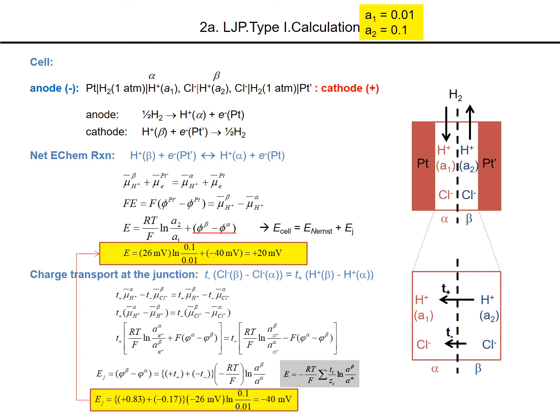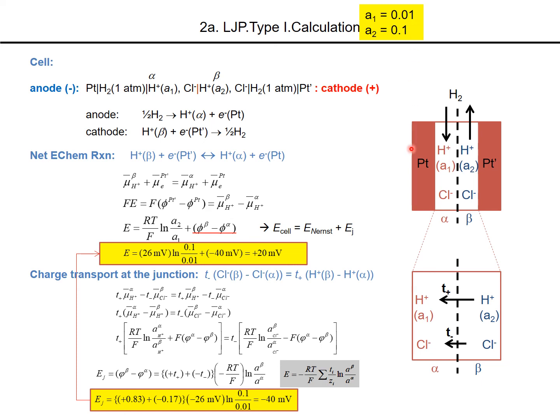Okay, here are some numbers. Let me calculate the real values of the liquid junction potential. We have the same electrochemical cell, and the beta phase has 0.1 molarity of proton, and this is the alpha phase, where the proton concentration is 0.01.